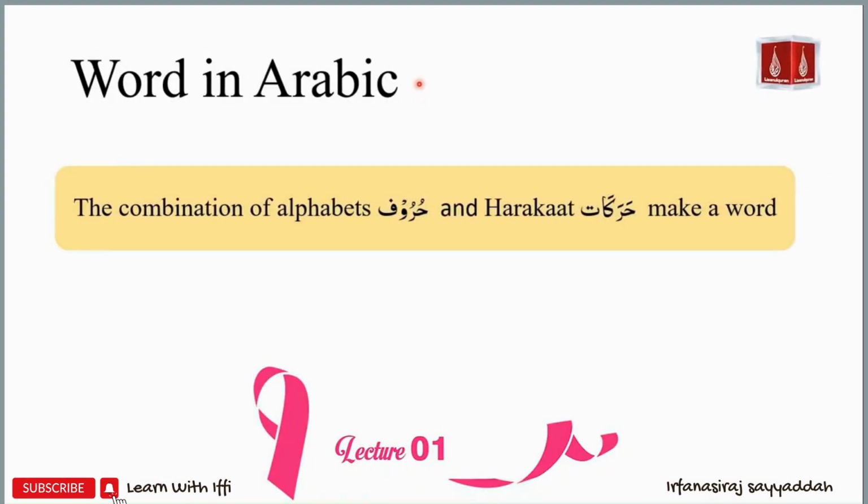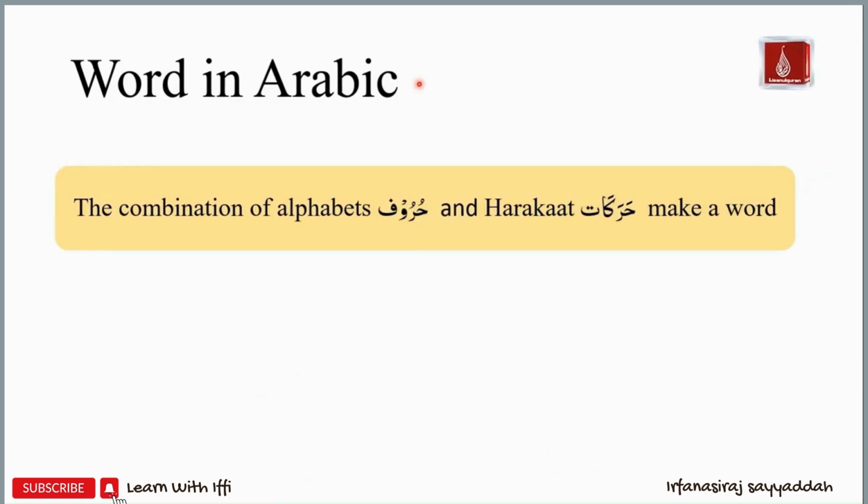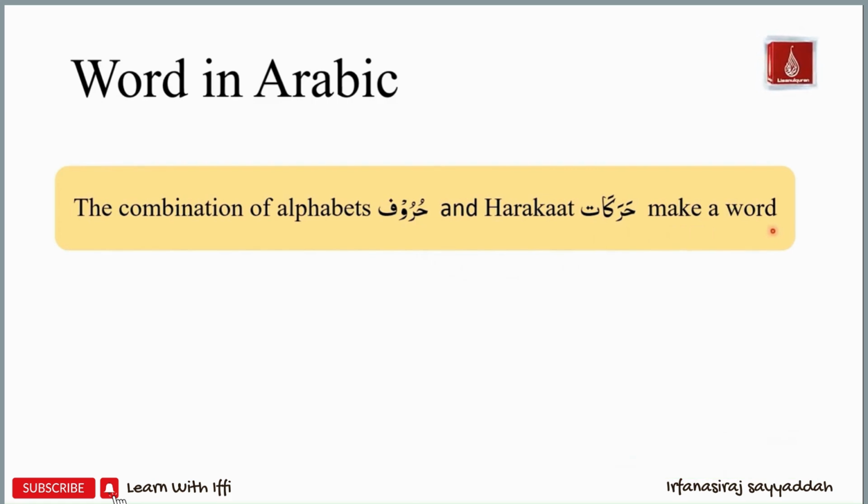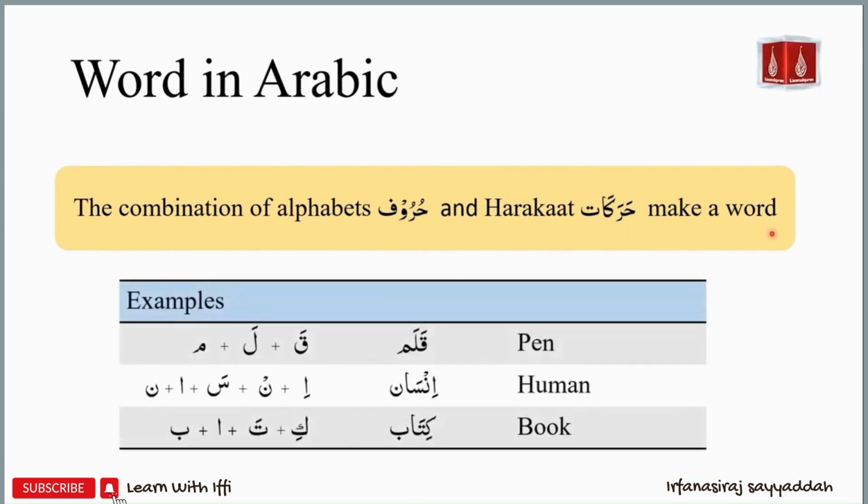Now that we have studied huruf and harakat, let us study the word. So a word in Arabic is made by the combination of huruf and harakat. So we can say huruf plus harakat equals word. Let us look at some examples. The first example is that of the word qalam.